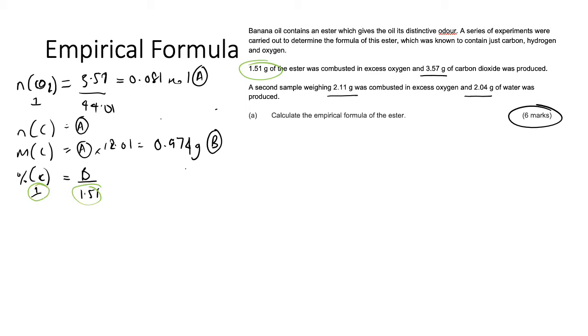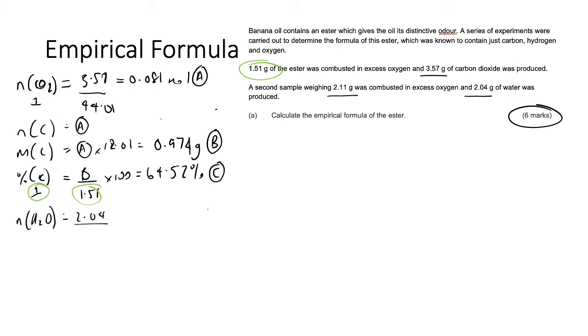That times 100 will get me 64.52%, and I'm going to call that C. You notice that I'm saving all these numbers because I have to do an entire new calculation for water. So the number of moles of water will equal to what?